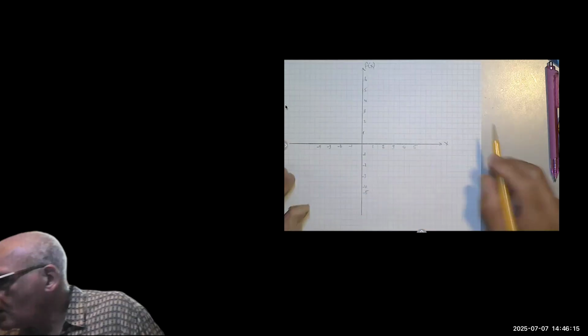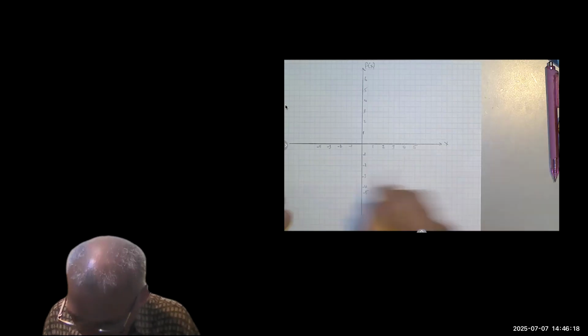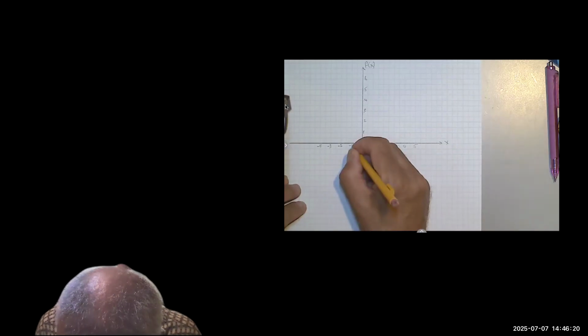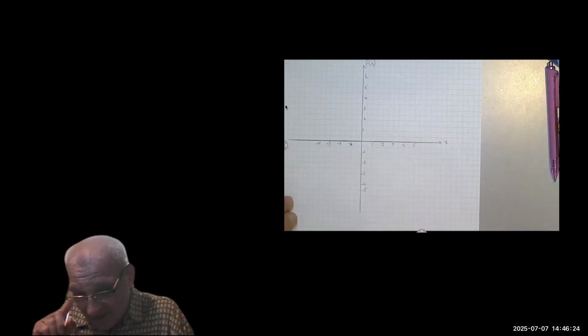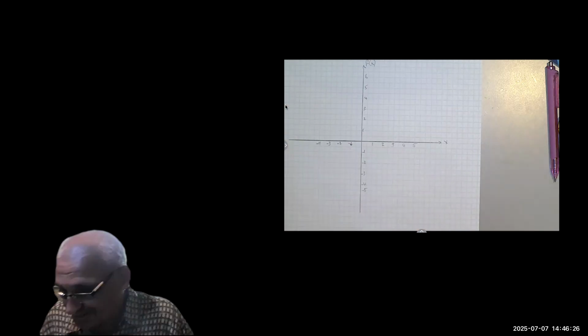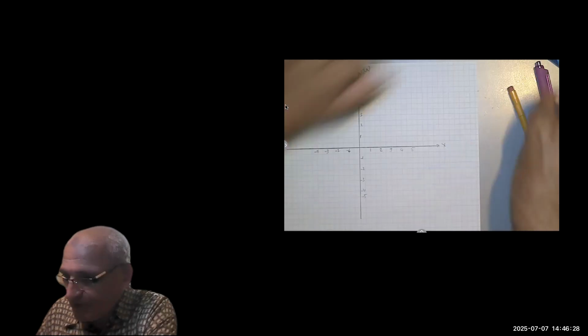First of all, we have a hole at negative 1 and negative a quarter. So there is a hole here, or I'll make a very small circle here to represent the hole. We have the horizontal asymptote, f of x equals 1. So here I have a horizontal asymptote.